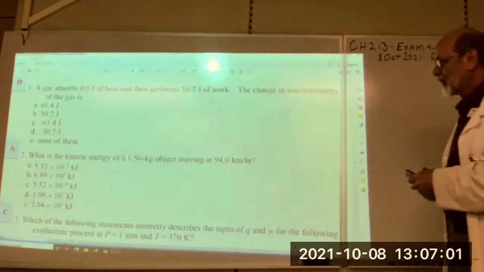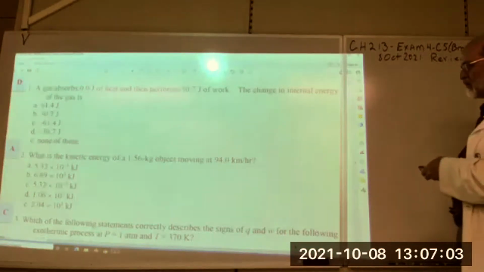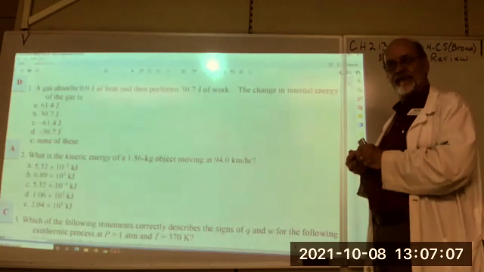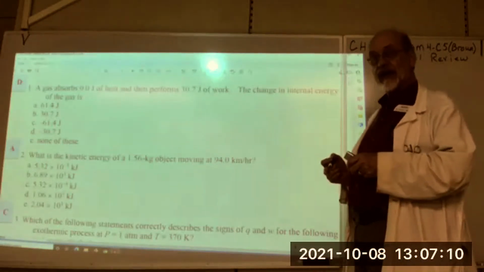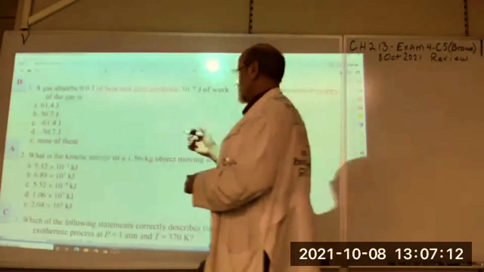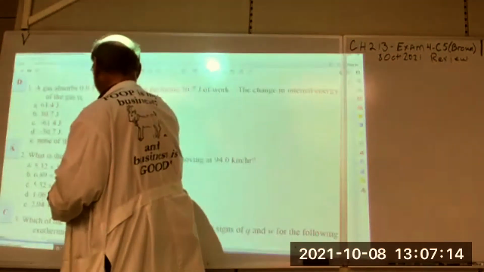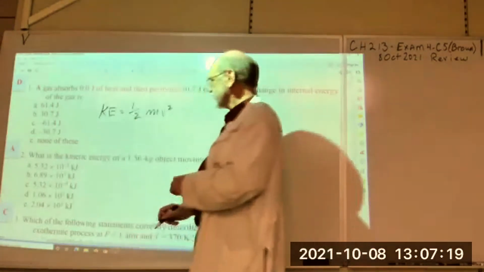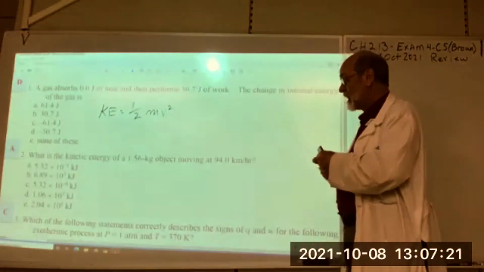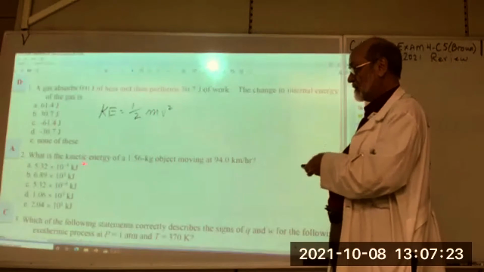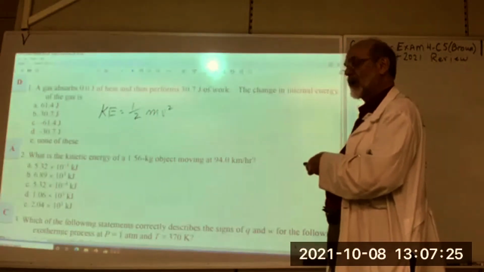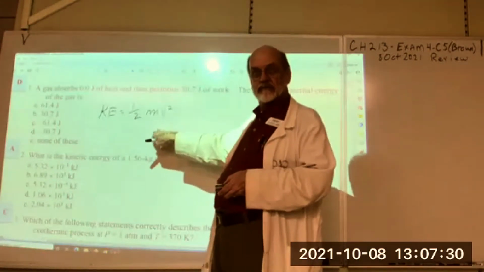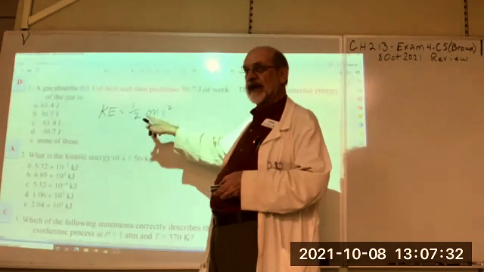Number 2. What's the kinetic energy of a 1.56 kilogram object moving at 94 kilometers per hour? Remember how to calculate kinetic energy. If our answers are going to be in joules or kilojoules, then we have to use fundamental units for velocity and mass.